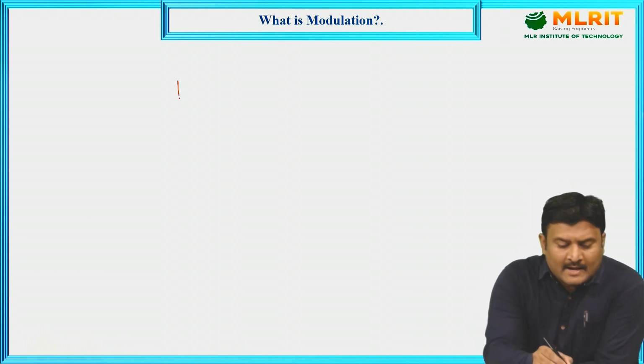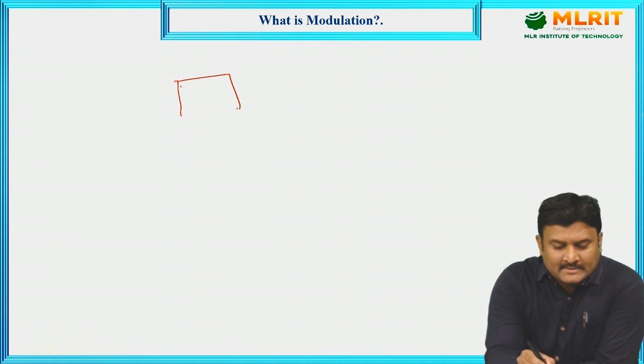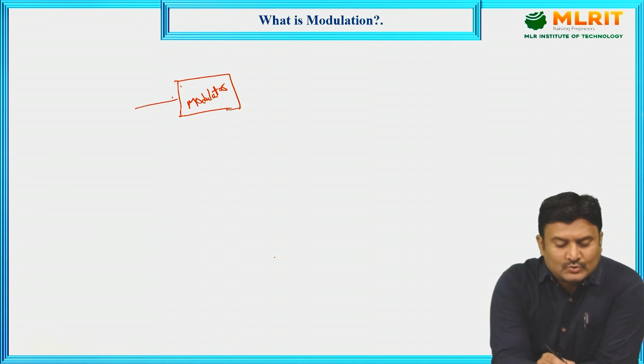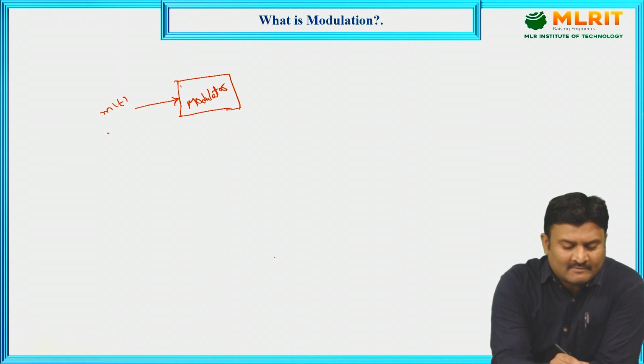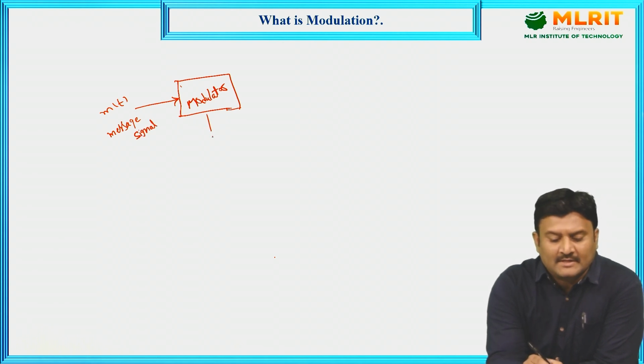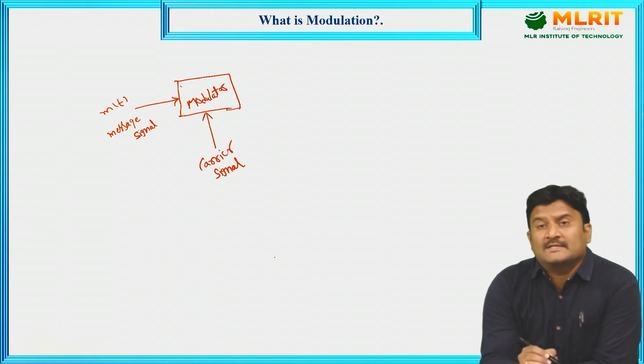Here I am taking a block, the modulator. It needs two signals. One is the message signal, which I am representing as m(t), nothing but our information signal, and the other is the carrier signal.